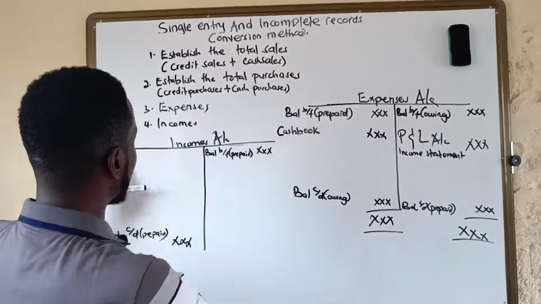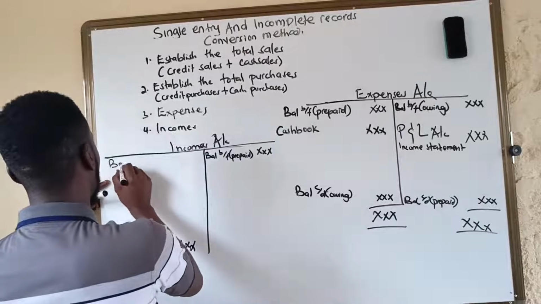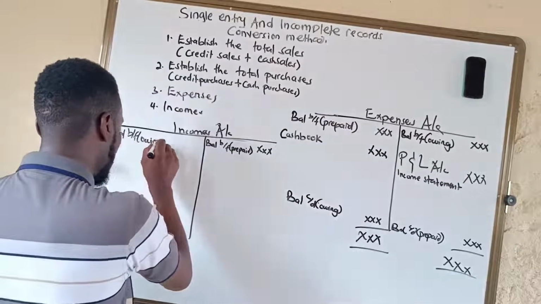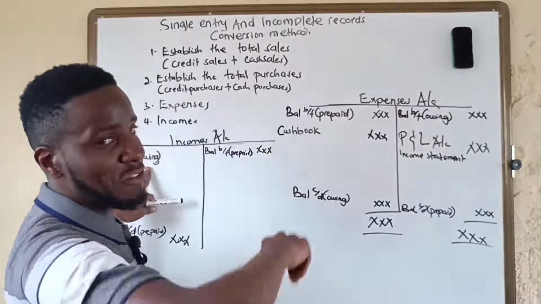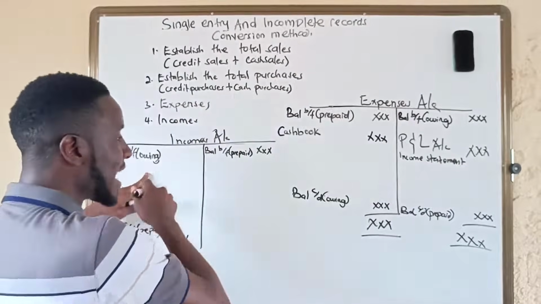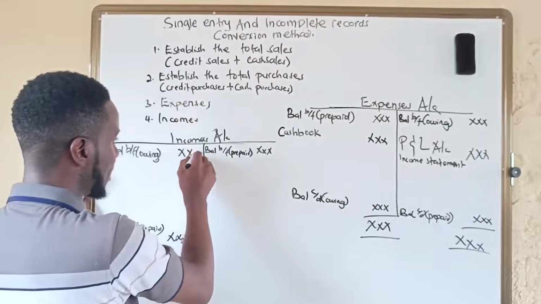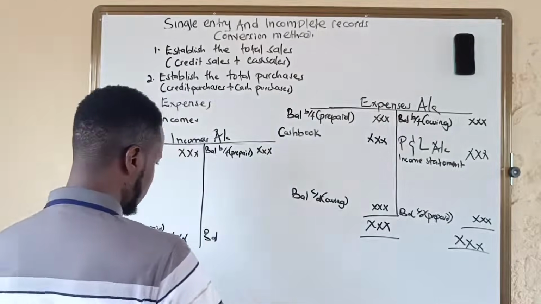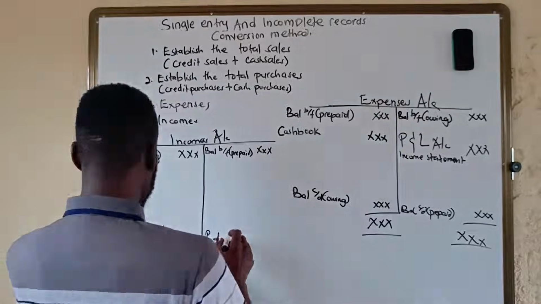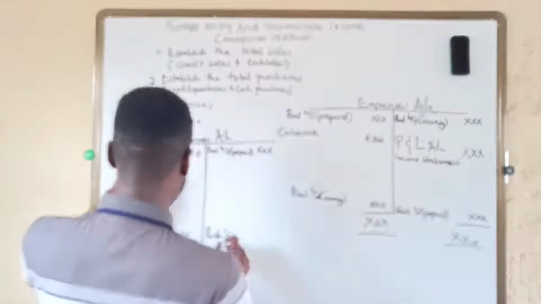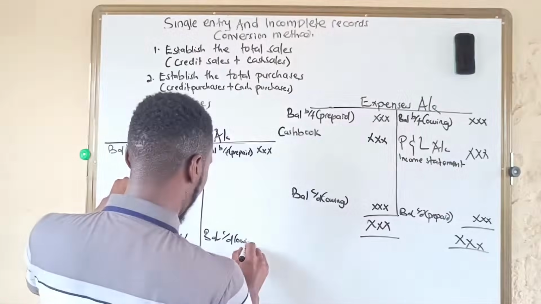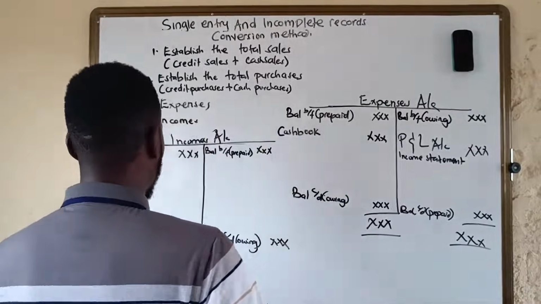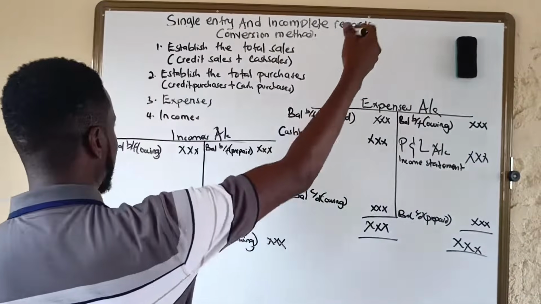On the contrary, if it is balance brought forward, owing, meaning you demand this amount of money. So if you demand this amount of money, then it is an asset. So we show it here. Then we shall have our balance carried down, of course owing, we show it here. Then what we are going to do, we bring in our income.